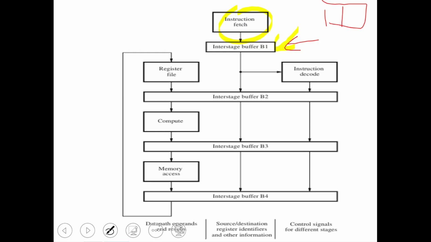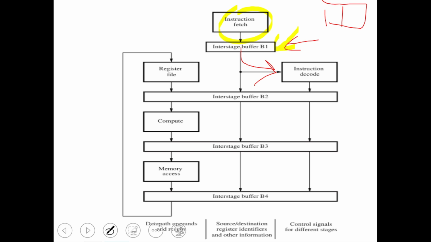Once the instruction comes, it will be stored in the buffer, and it will be sent to the instruction decode when the decode is free. The fetched instruction is stored in the interstage buffer B1.